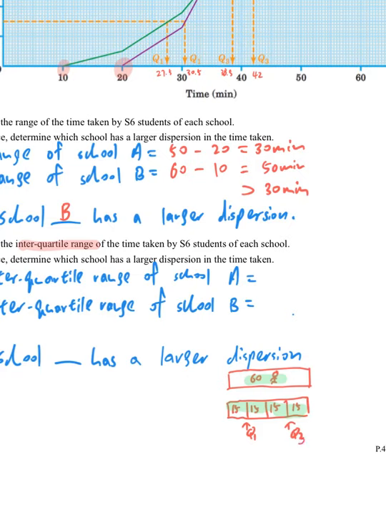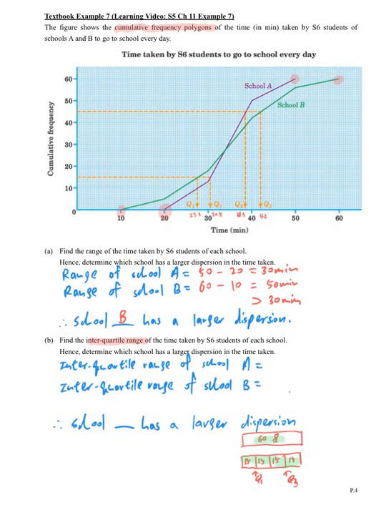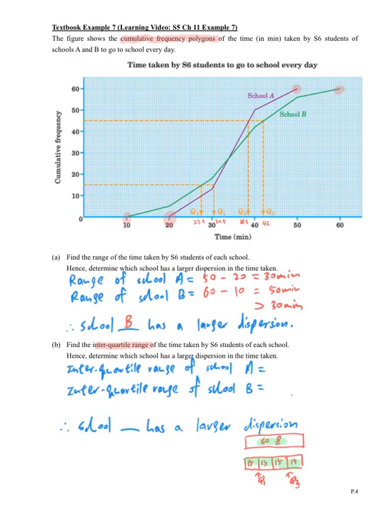So first of all, we may consider the Q1, which is the first 25% of the data. So divide the 60 here into 4 equal parts. The 15th is here.